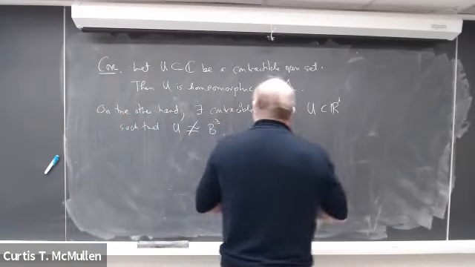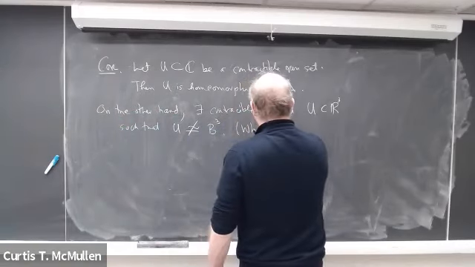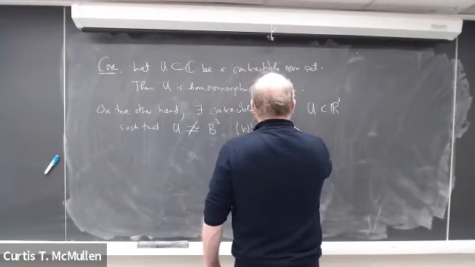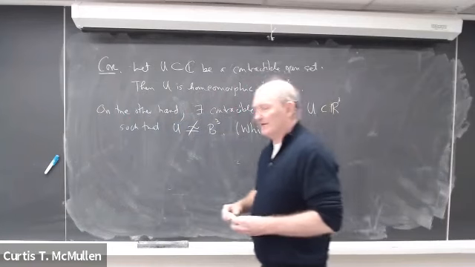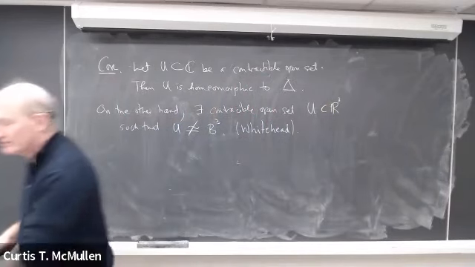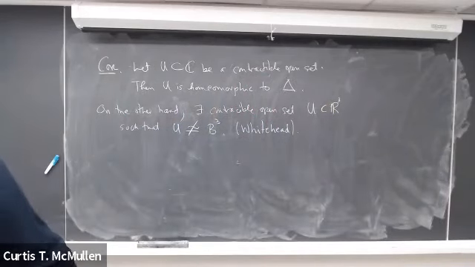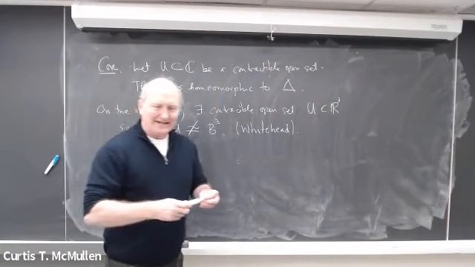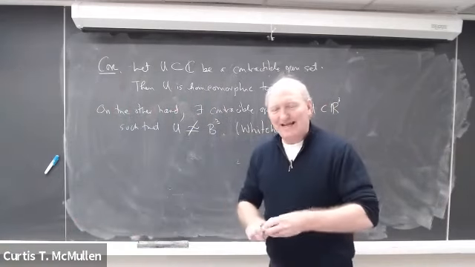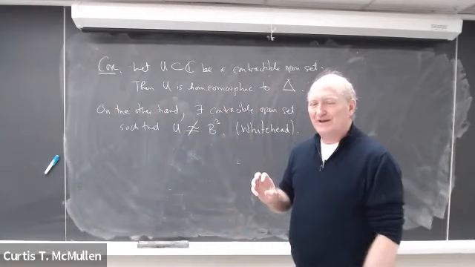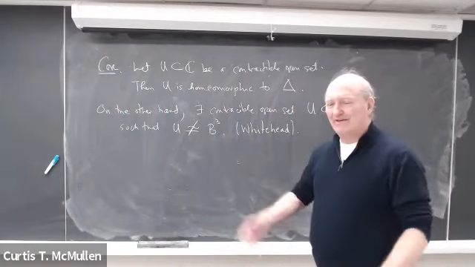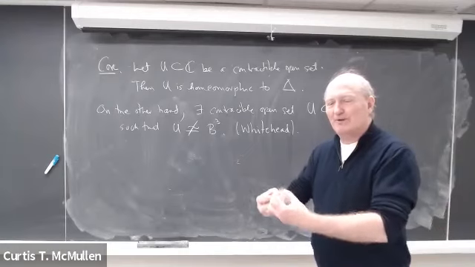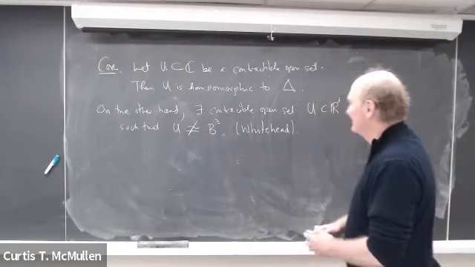In fact, this example was discovered by Whitehead when he was trying to prove the Poincaré conjecture, namely that any simply connected closed 3-manifold is homeomorphic to the 3-sphere. His proof was, well, you take out a ball from your manifold, and what's left over you can prove to be contractible, and therefore your manifold is just the union of 2 balls, and therefore it's the sphere.